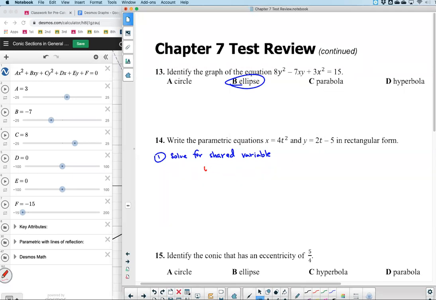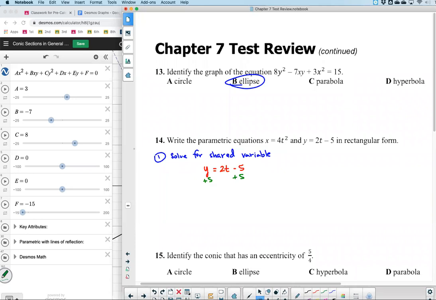So the shared variable is t. I'm going to take the y equation just because I wrote this test and I know how I wrote the answer. So I'm choosing the y equation and I plug it in here. What's the first thing to do here to solve for t? Plus 5.